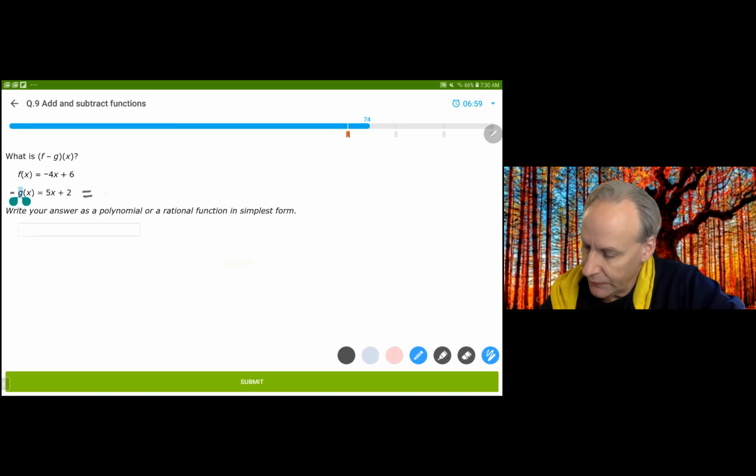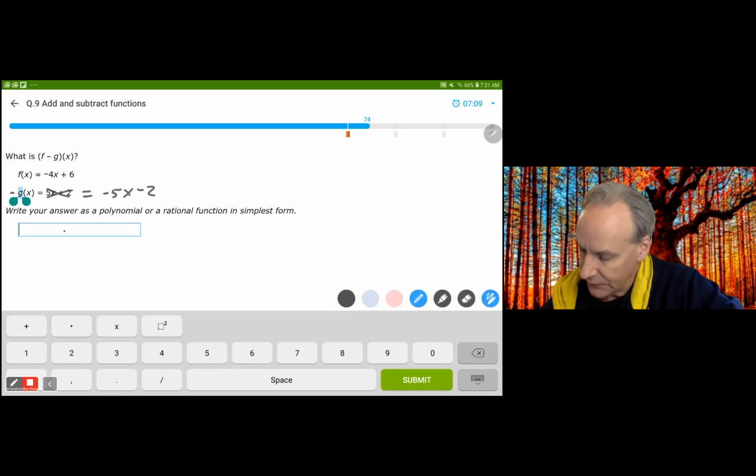So I end up with negative 5x minus 2. I change the sign and add. I get negative 9x plus 4. I just added the 6 and the negative 2 together.